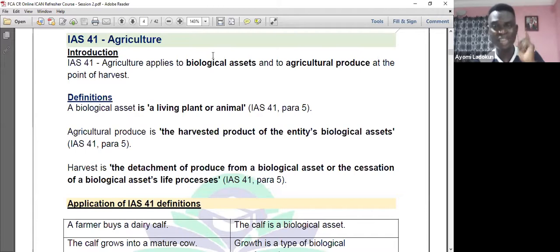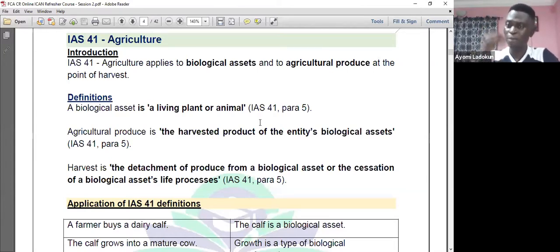Unlike other assets under IAS 16, IAS 40, where on initial measurement you measure PPE at cost model, even investment property on initial recognition you measure at cost model. When you come to IAS 41 agriculture, it is measured at fair value, less cost to sell.